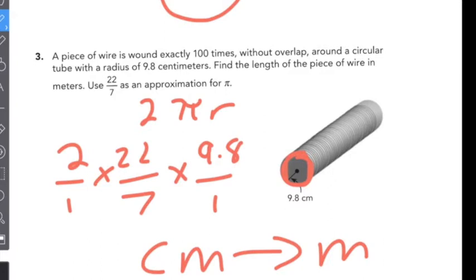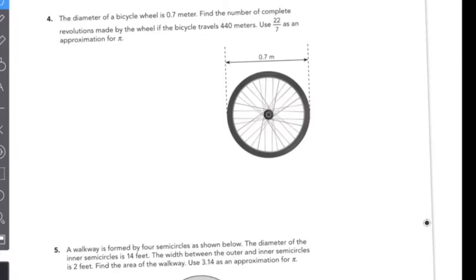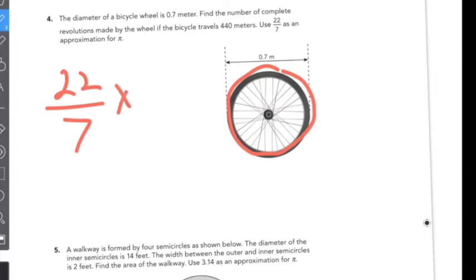Okay, next one. For number 4, what we need to do is figure out the circumference, and the circumference is going to tell you how long of a distance one revolution is. So we're going to take the circumference, the pi, times 0.7, divide by 7, and that's going to tell you how far it travels in one revolution.